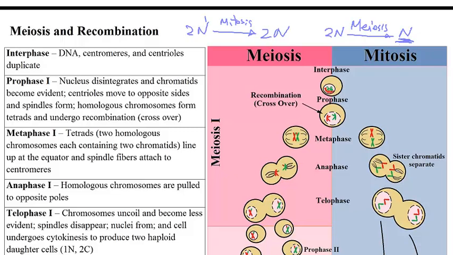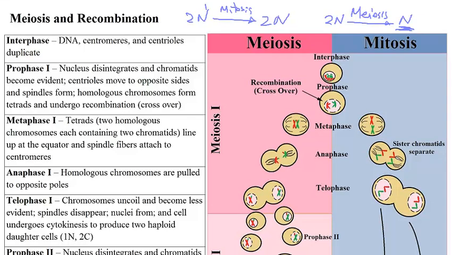All right, so now let's go over all the phases of meiosis and discuss what recombination is and when it happens. Meiosis starts with interphase, during which time DNA, centromeres, and centrioles duplicate. Then we have prophase 1. Similar to mitosis, during this time the nucleus disintegrates, chromatids become evident, and centrioles move to the opposite sides of the cell and form spindle fibers.